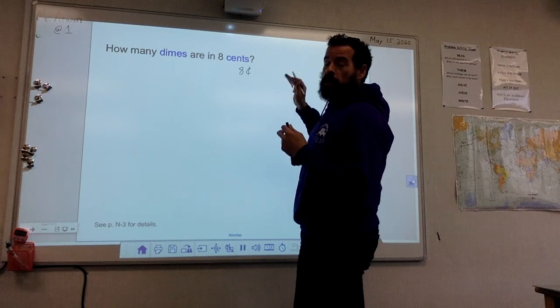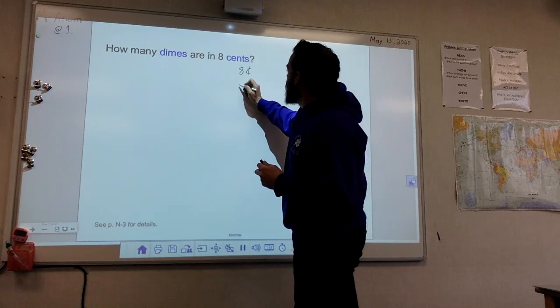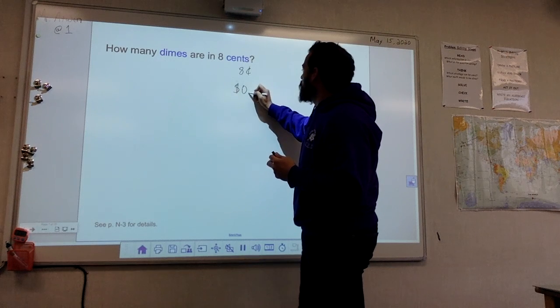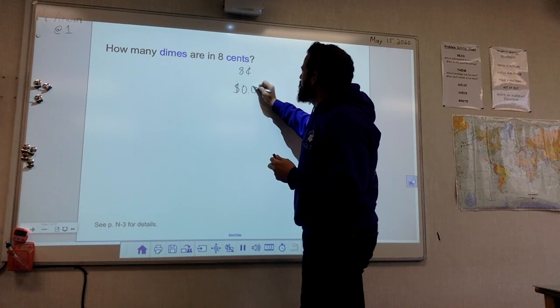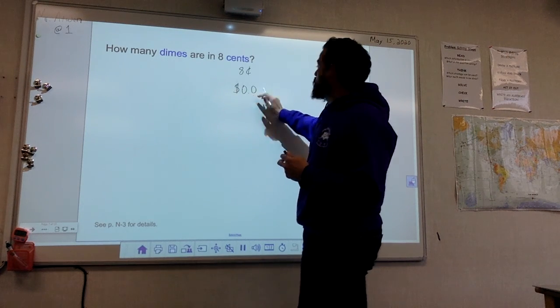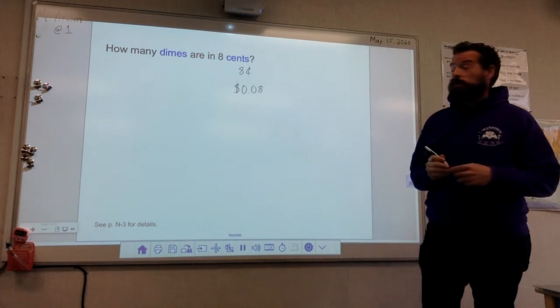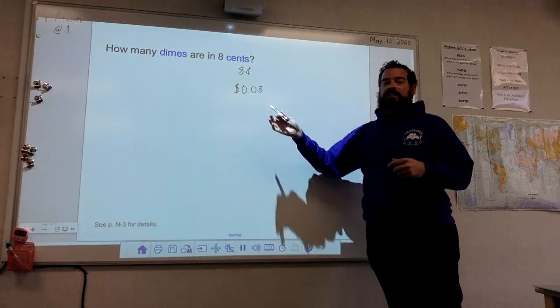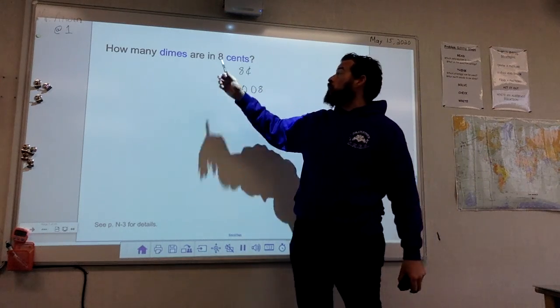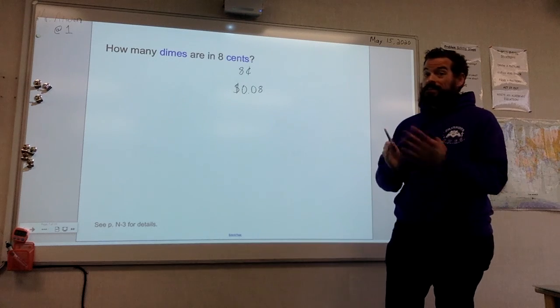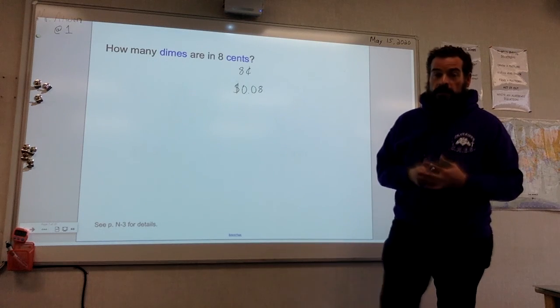So if we're moving it and doing dollar notation, we put our dollar sign, put our 0 for the amount of dollars. Then we've got to put a 0 here in the tenths place and 8 there in the hundredths place. So that's showing 8 cents. So to answer that question, how many dimes are there in 8 cents? There are 0 dimes in 8 cents because it's less than a tenth of a dollar.